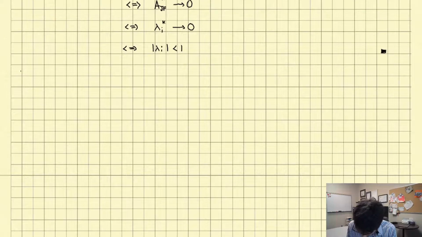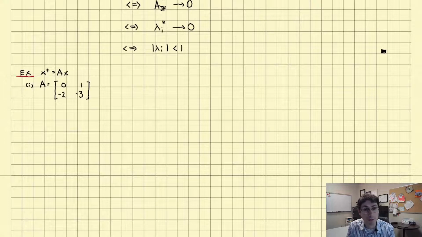So example. Let's look at different A's. The one we already looked at from the previous example was this guy. And we saw by computing its state transition matrix, explicitly computing A to the power of k, that it was not asymptotically stable.